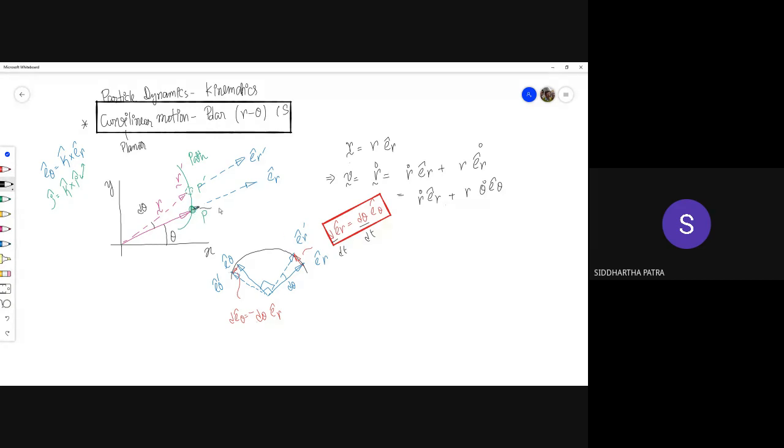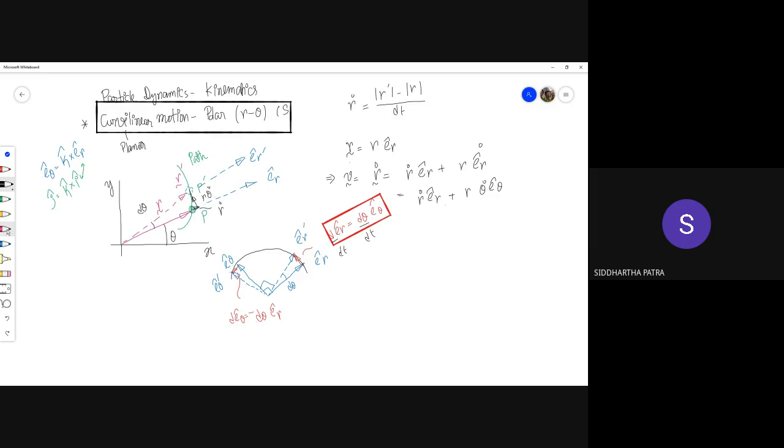This much is r dot, basically implying how much is the change in the length of the position vector. All I'm trying to say here is that r prime minus r divided by dt is your r dot. So one is r dot, the change in the radius, and the other one is in the theta direction, r theta dot.